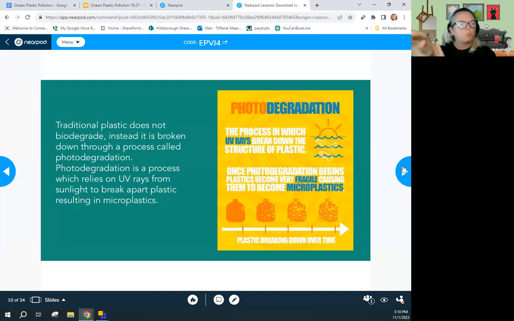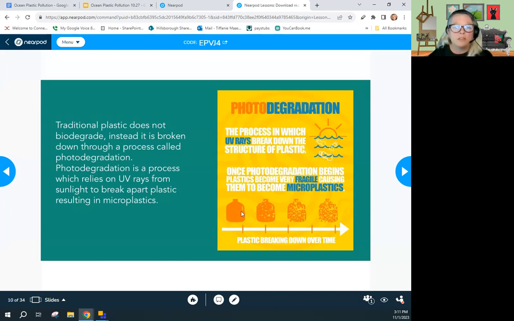You've heard of putting on your sunscreen because UV rays can be harmful, because they are powerful rays. And so they have the ability to begin breaking down these traditional plastics. This process where traditional plastics begin to weaken and break down into smaller pieces is called photodegradation. These smaller pieces, we call them microplastics.